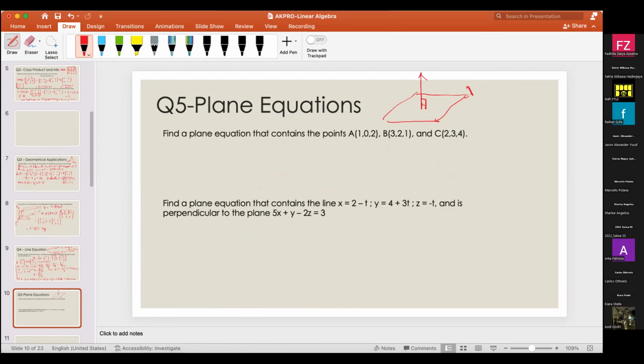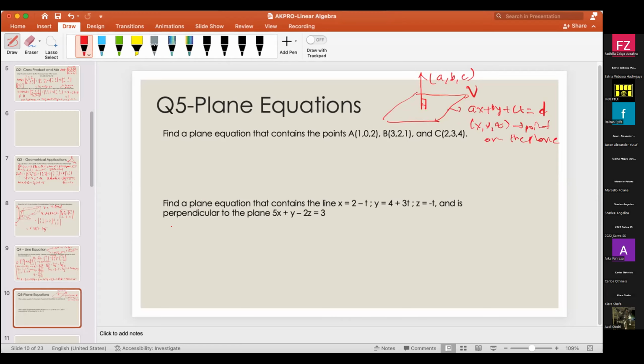Let's say this is plane V. And this normal vector has components A, B, and C. The equation of this plane would be Ax plus By plus Cz equals D, where x, y, and z is a point on the plane.